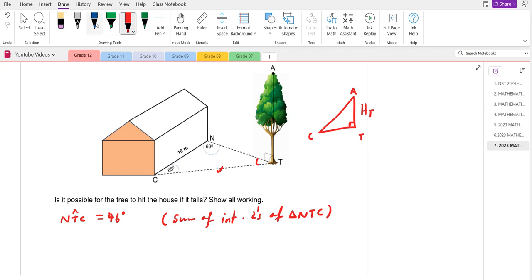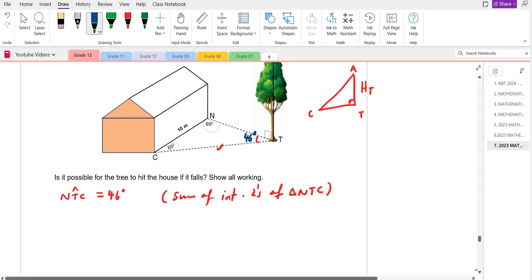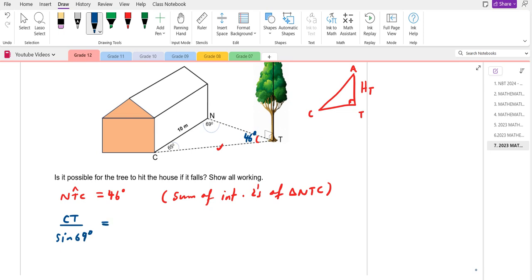So we know this angle is 46 degrees. Now we can use a sine rule and calculate CT. So CT over sine 69 equals 10, NC is 10, over sine 46.